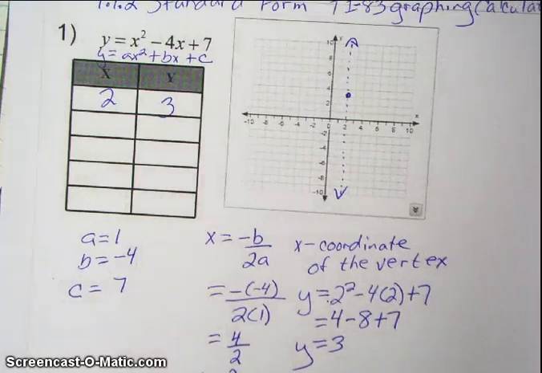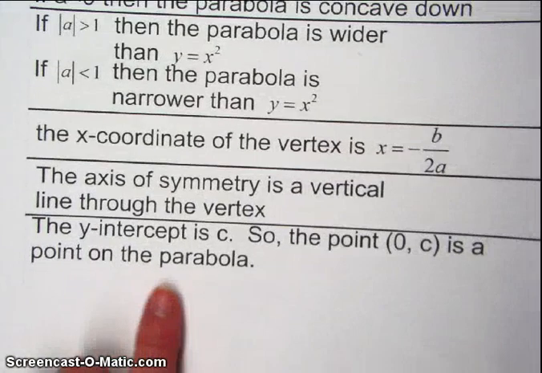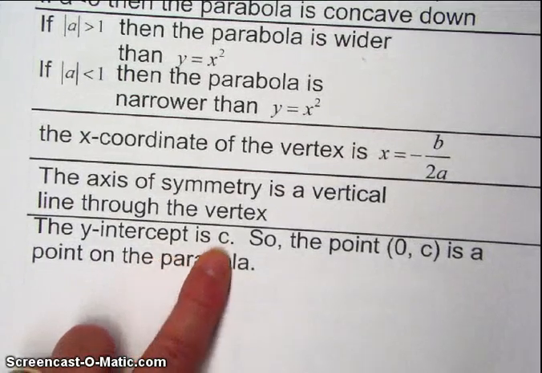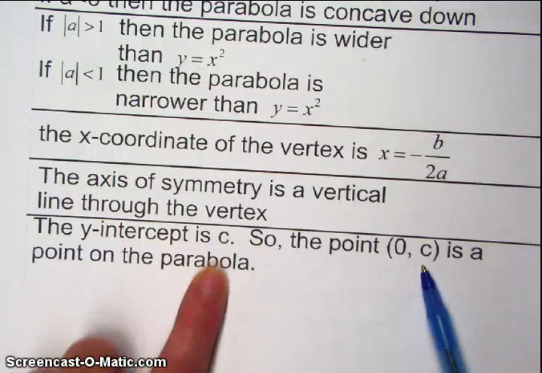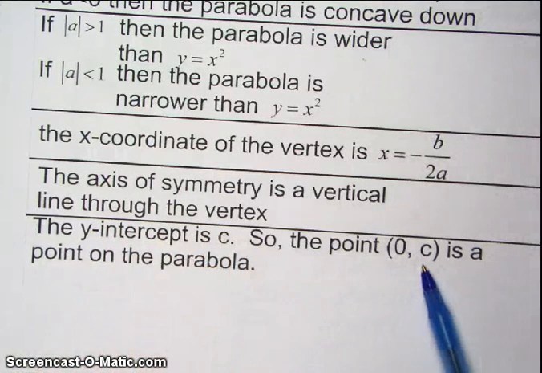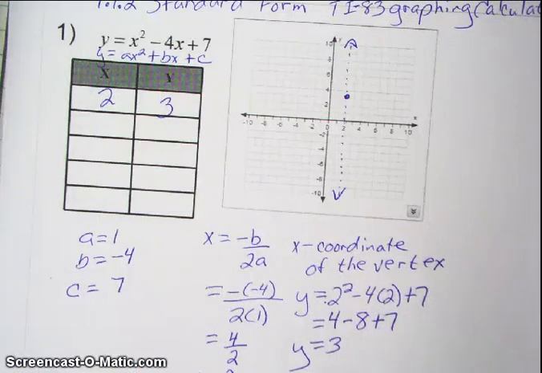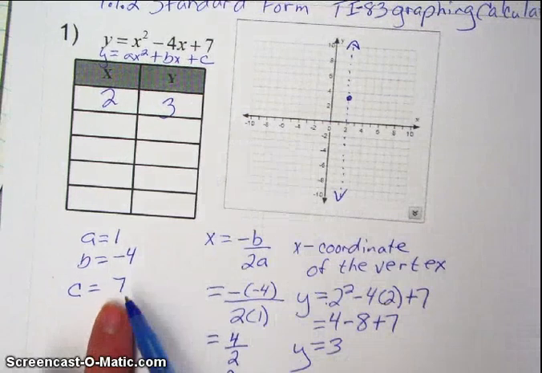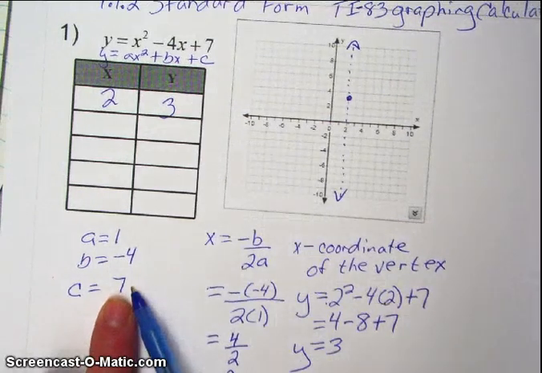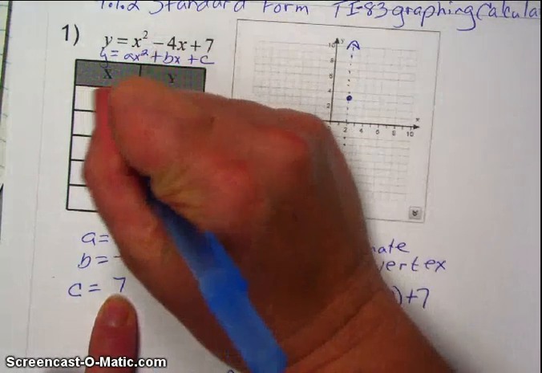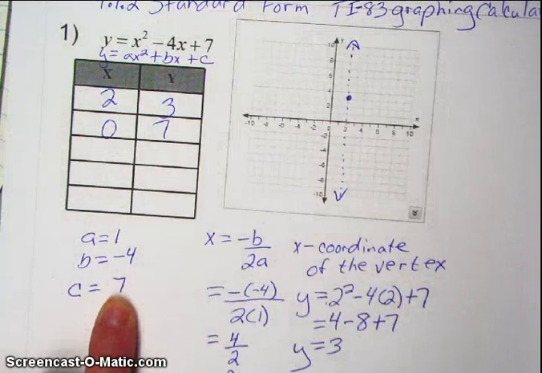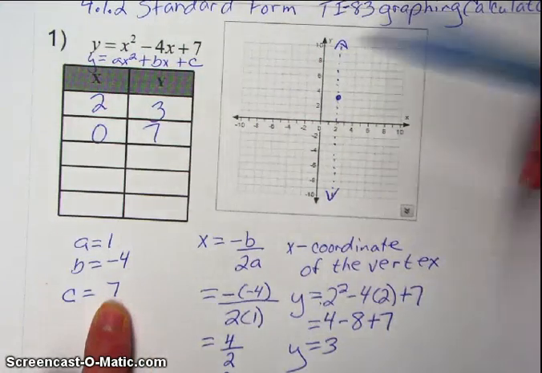Now, down at the bottom here, the y-intercept is C. So the point (0, C) is also a point on the parabola. That's really easy. C is 7. So the point (0, 7) is also a point on the parabola. Let's graph that one.